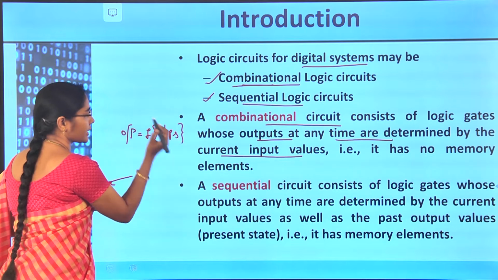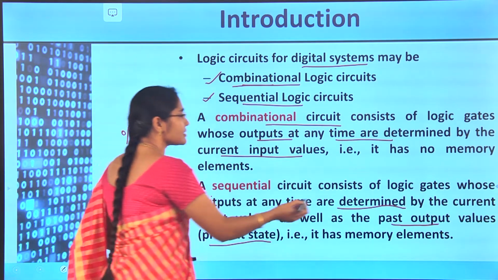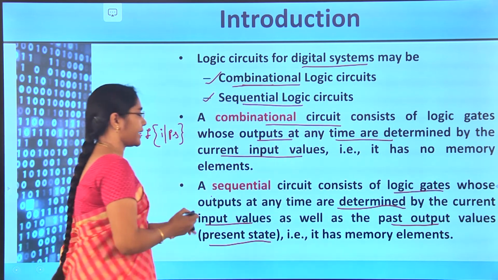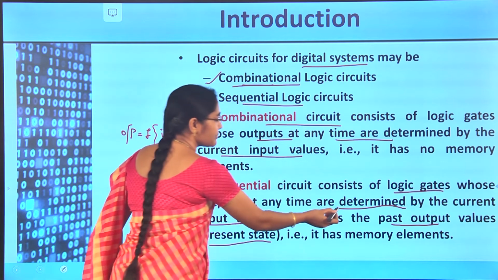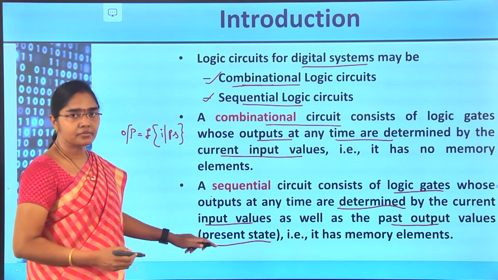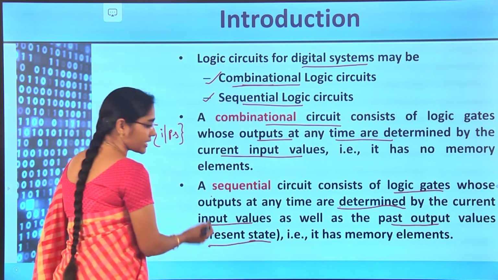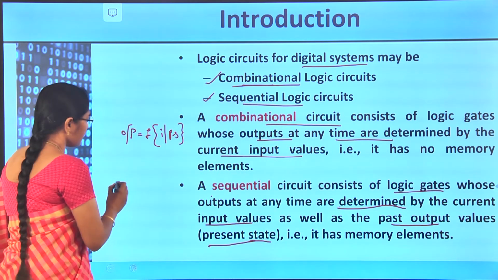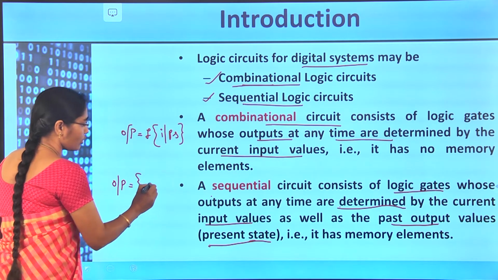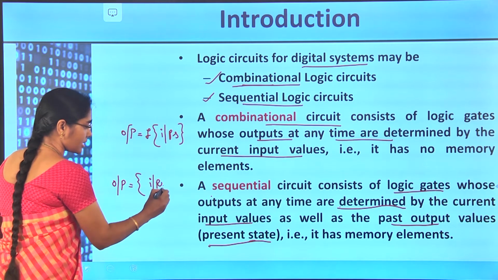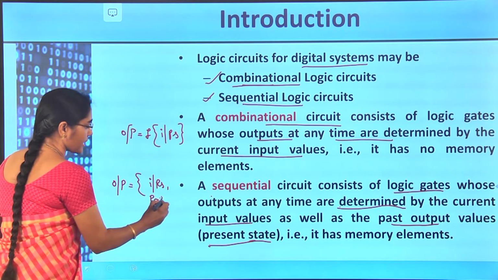A sequential circuit also consists of logic gates, and its outputs at any time are determined by the present inputs as well as past outputs, also called the present state. That means the output in a sequential circuit is a function of present inputs and present state, or past output.